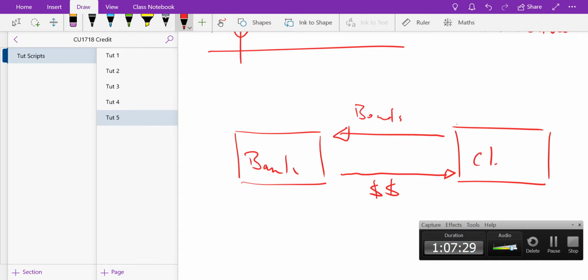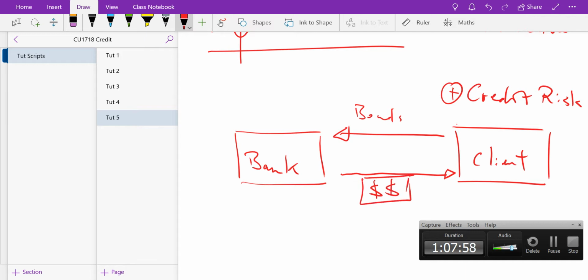So this is the client, who is long the credit risk. The client is taking the credit risk, so they're the one who is long. So in the case of repo, they're the ones who are buying the bonds and taking the credit risk of the bonds, but also passing the bonds to the bank in order to get the funding.